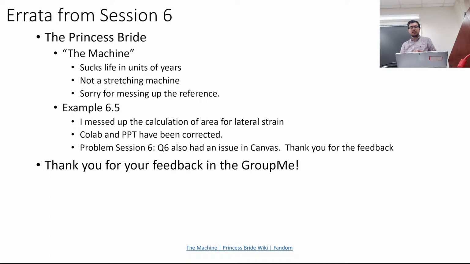Just a couple things. If you watched the video, we talked about the Princess Bride, and I made a mistake about what type of machine they had in the Princess Bride. It's not a stretching machine. It's something that sucks the life out of a person. Apologies for making that mistake. And there was also some issue with example 6.5, and that's been corrected on the slides.